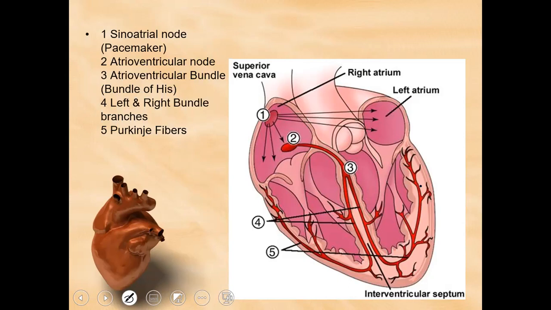Scenic, contracting, contracting, contracting. Now, once that lightning bolt has gone across, we now send it from here down the bundle of His, Purkinje fibers. As this is contracting, this is relaxing. As this is contracting, this is relaxing.